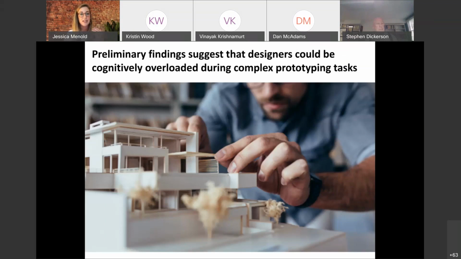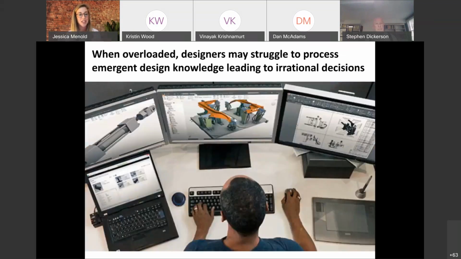And again, this is really critical because we want to understand this connection between cognitive overload and cognitive state, and how designers ultimately are interpreting and processing emergent design knowledge. And is this leading to irrational decisions or suboptimal design output?